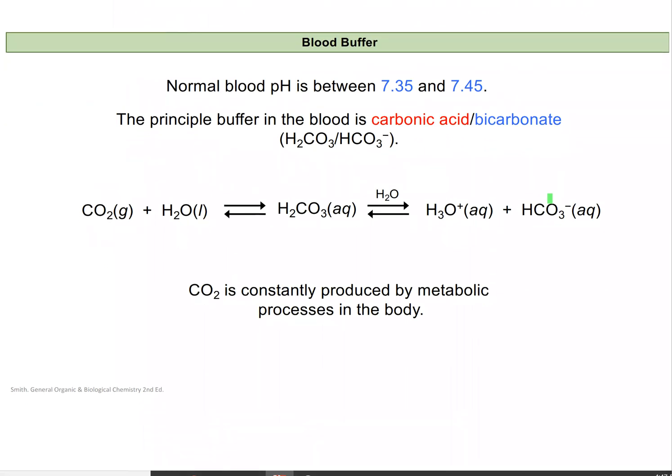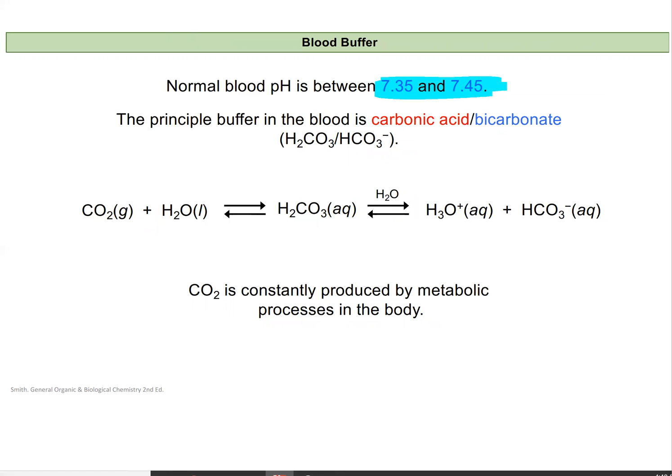So let's look at the buffer system of our blood. Our body maintains a pH between 7.35 and 7.45, and it really needs to stay within that range for our bodies to work properly. And there's a number of mechanisms, 3 primary ones, that maintain that blood pH. And one of them is a buffer system within the blood.